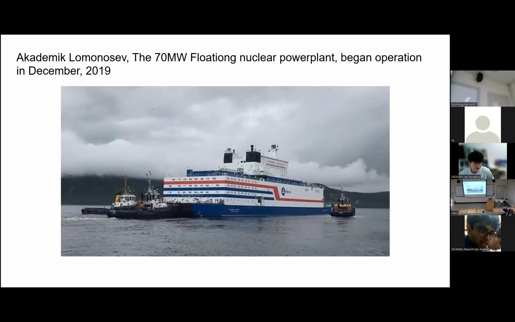The generation capacity is 70 megawatts. It is a very small size compared to an onshore nuclear plant. For example, the Korean nuclear plant model APR1400 has a capacity of 1,400 megawatts. So it is just 5% of the capacity of a nuclear power plant on land.